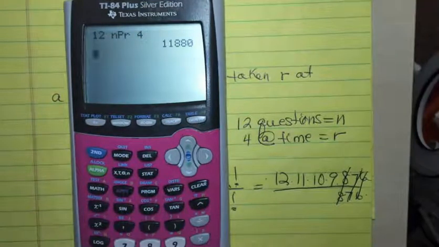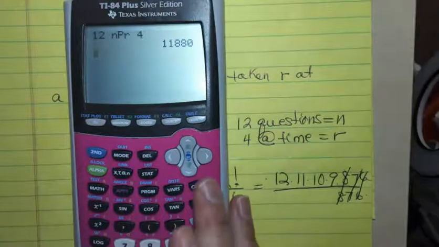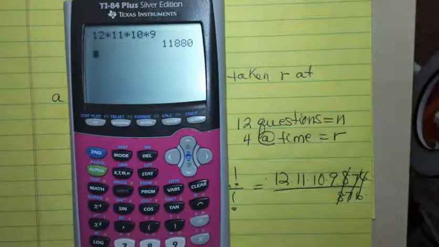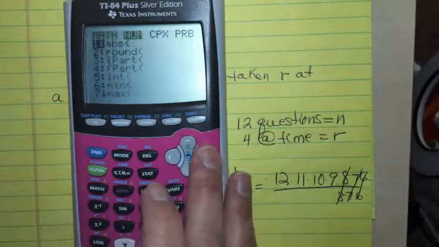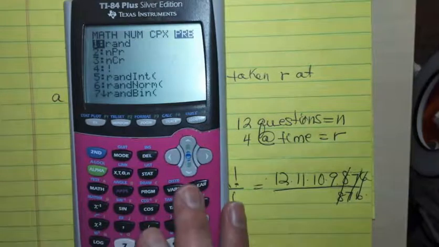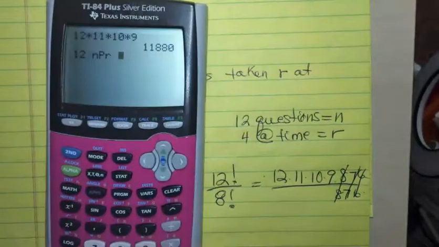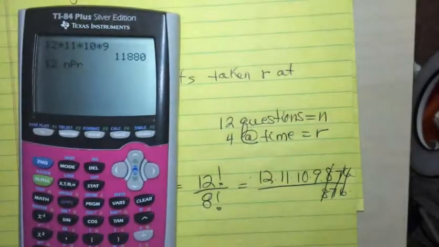That gives us 11,888. I'm sorry, 11,880. Or I could do 12 times 11 times 10 times 9, and I get the same answer. So I put in the 12 first, then I hit math, I went over to PRB, down to nPr. But I don't usually use this, I usually just do it by hand.